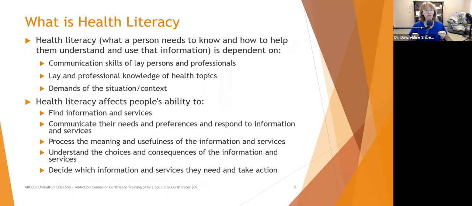We want to provide people what they can handle cognitively at that point in time in a way that they can take it in and process it. Another thing that you can do if you're telling somebody, you need to have a kidney transplant. Okay, wow, that's a big thing. Tell them the information, give them handouts about the information, provide them information about websites, however you want them to get the information.